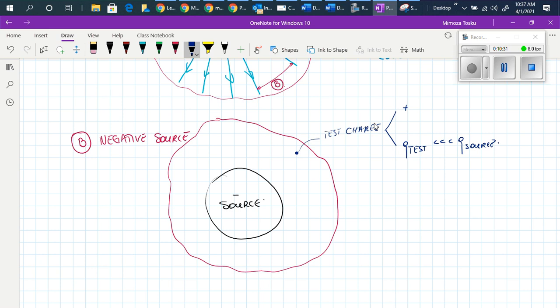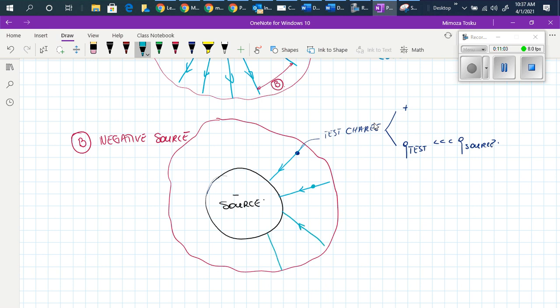So then we see what is happening. Now when we place the test charge here, and we see the interaction between the source, that is negative in this case, and the always positive test charge, the interaction will be attraction, because they are opposite charges. Okay, so then you place the test charge somewhere in here, and you'll see that it is attracting as well.